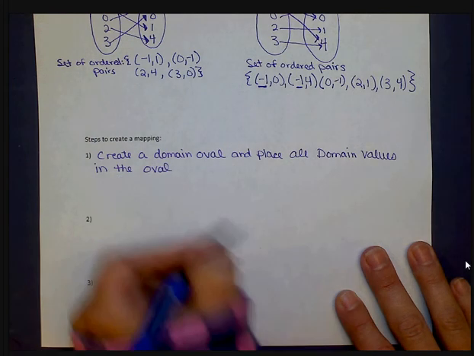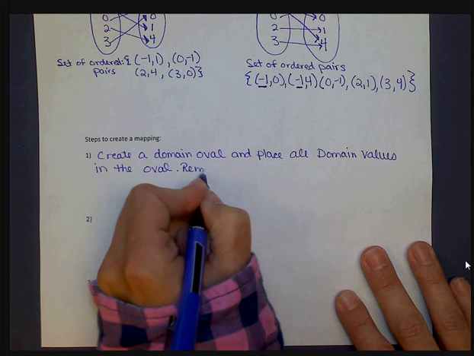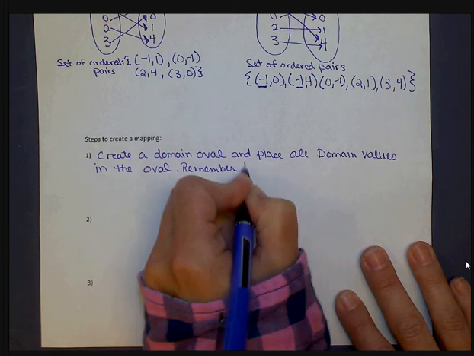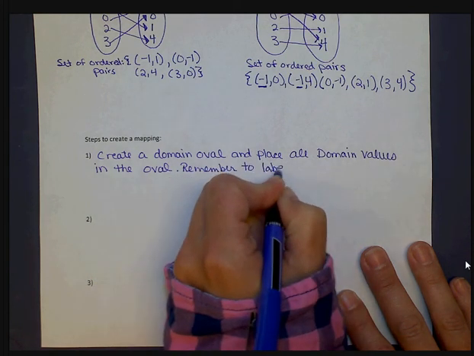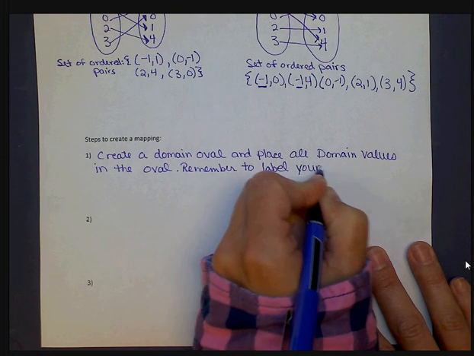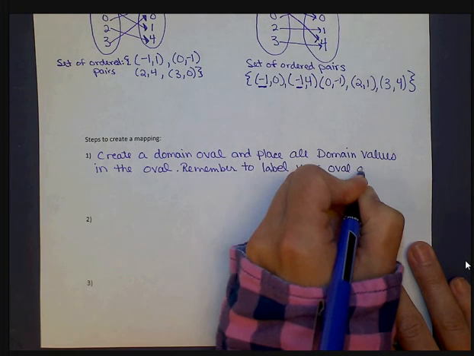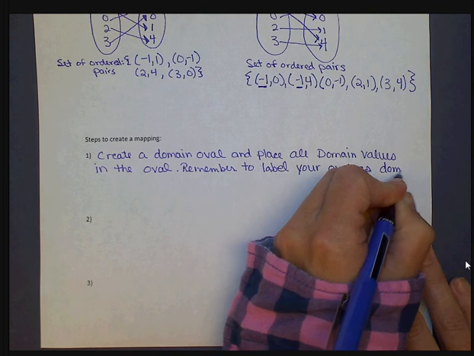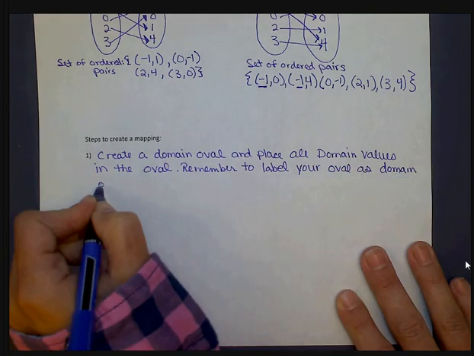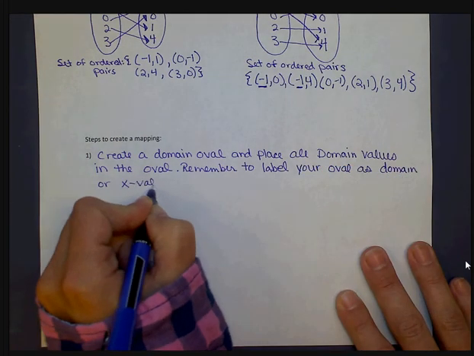Remember to label your oval as domain or x values.